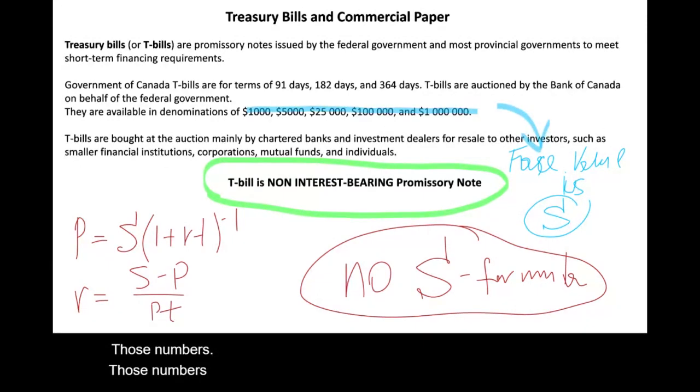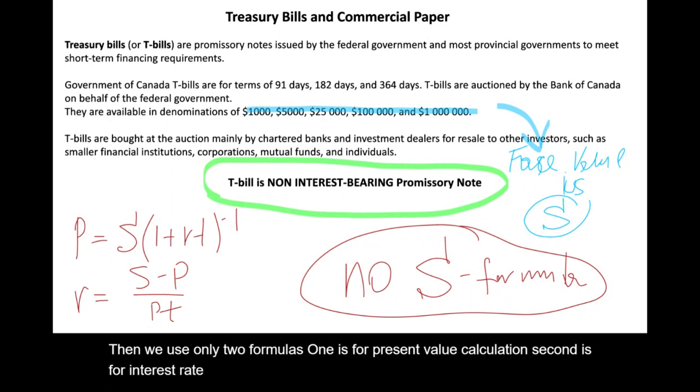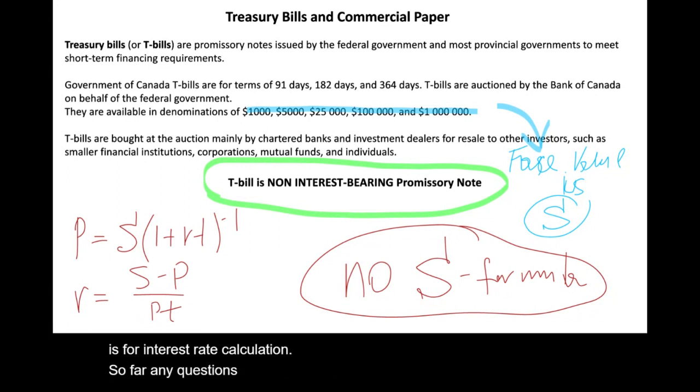Face value is future value. Then we use only two formulas. One is for present value calculation. Second is for interest rate calculation. So far, any questions, people?